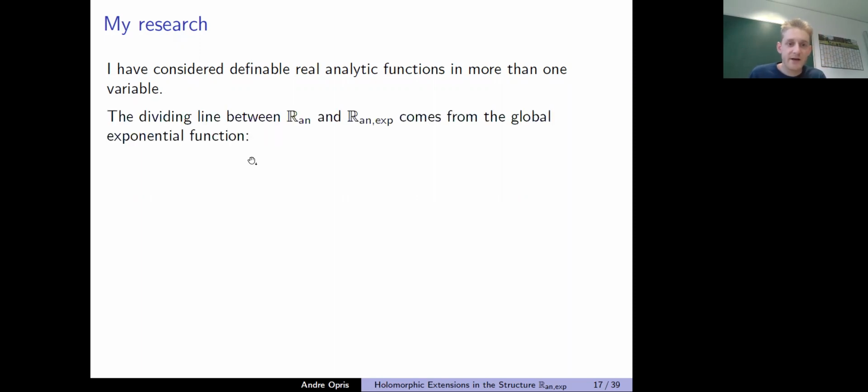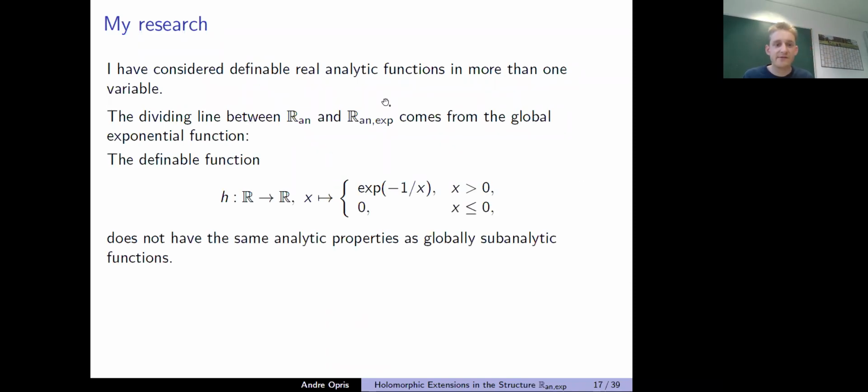But there are some differences between the structures R_an and R_an^exp, also from the analytical point of view. The dividing line comes from the global exponential function. I will explain this with an example. If you look at this definable function, it does not have the same analytic properties as globally subanalytic functions.